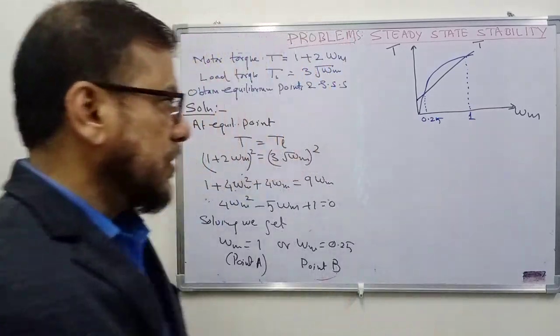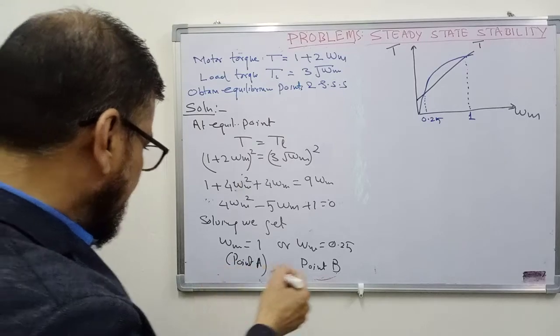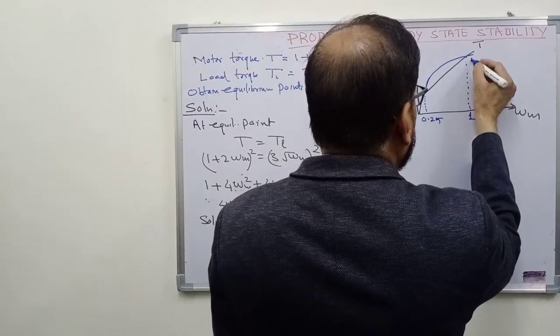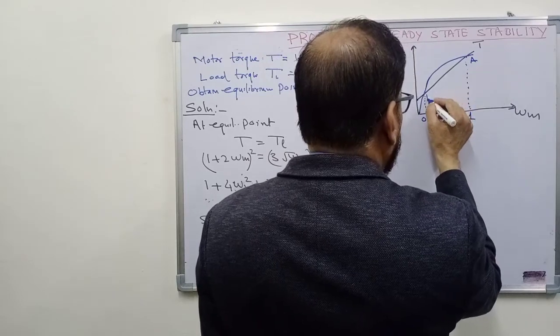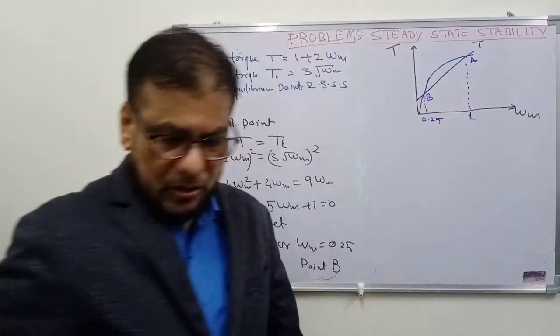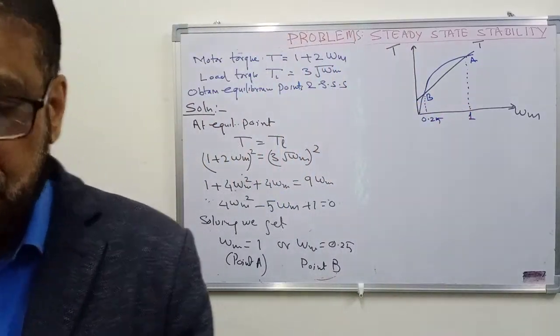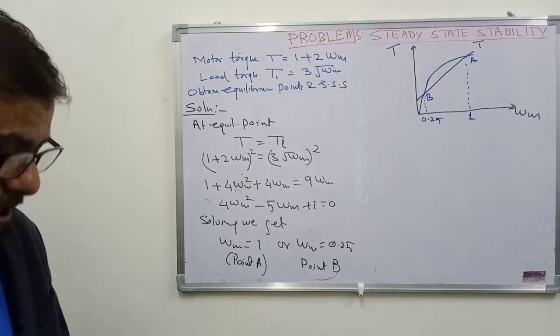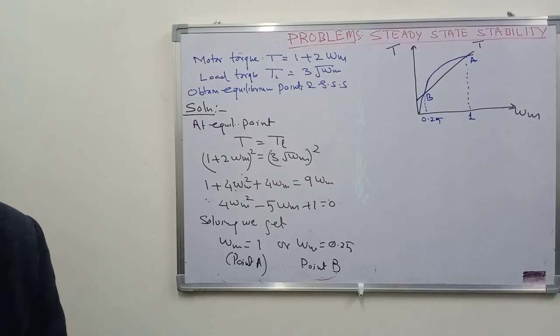So these are two solutions. The point omega m equal to 1 I have called point A, and this I have called point B. Now you have to check whether these points are stable or unstable.